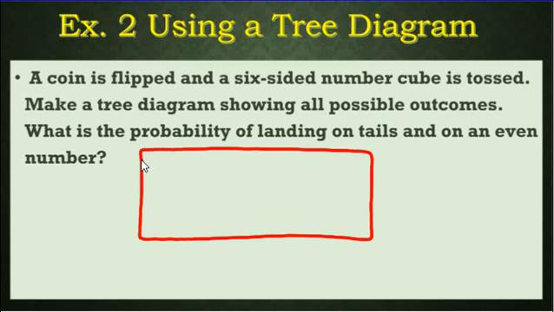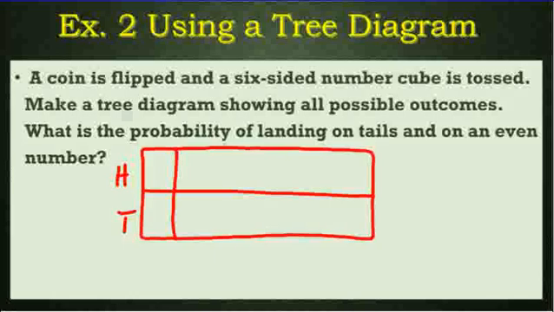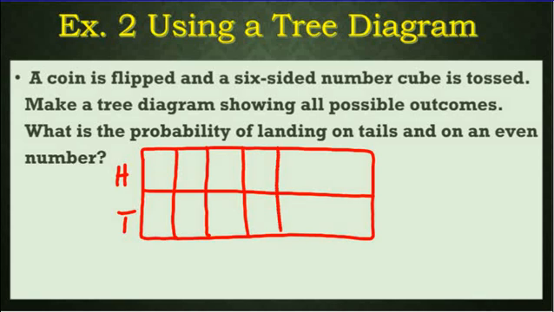So we have a coin that's being flipped. So you have two options. You can get heads or you get tails. And on a 6-sided number cube, you can get 6 different numbers. So we'll draw some boxes here. So this will be a 1, this is 2, this is 3, 4, 5, 6.